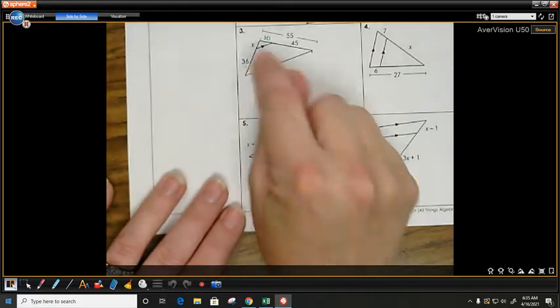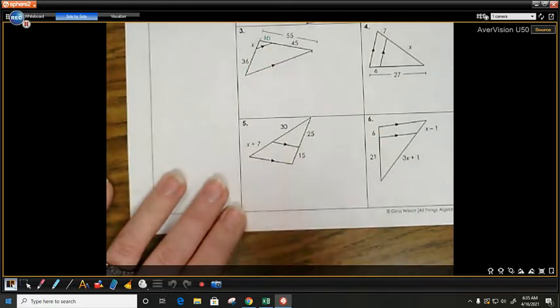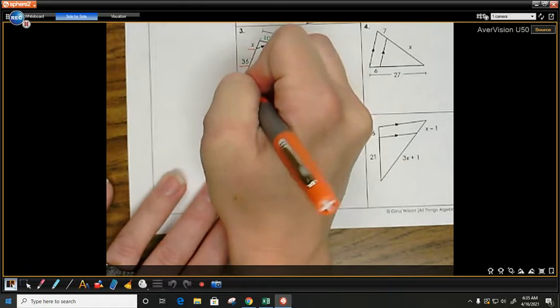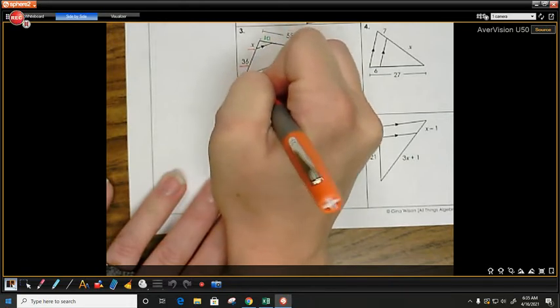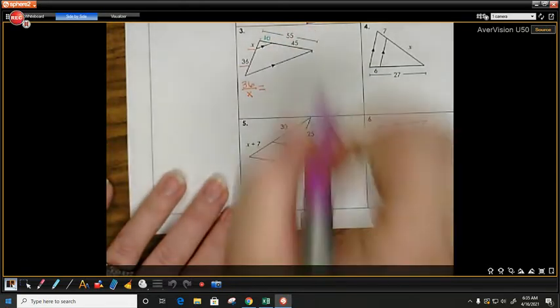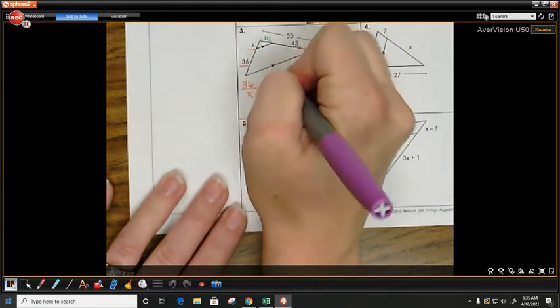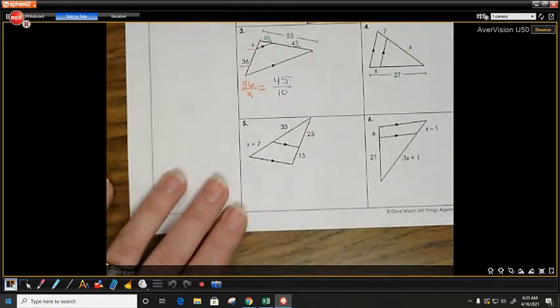Now I can set up a proportion because I know these two lines are parallel. So I'm going to do 36 over x is equal to 45 over 10. Now, again, like I said at the beginning, you could set up these proportions in multiple different ways.